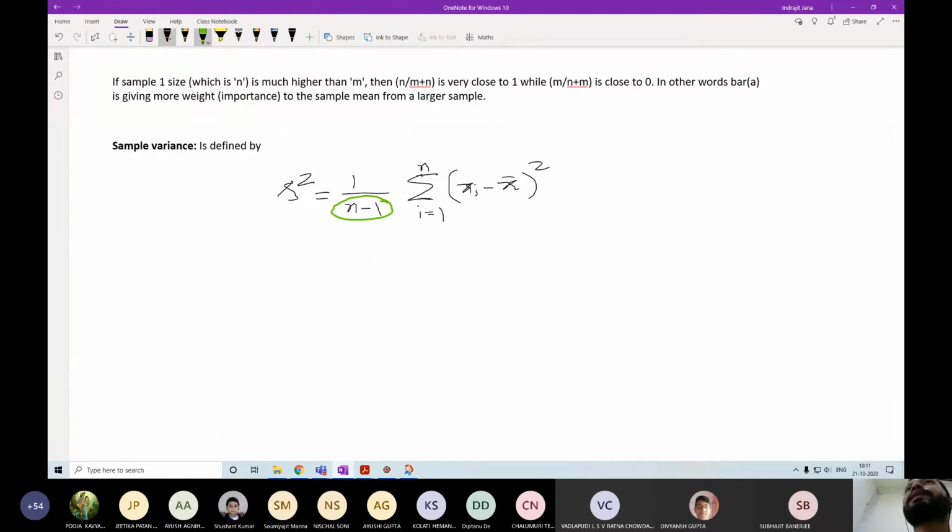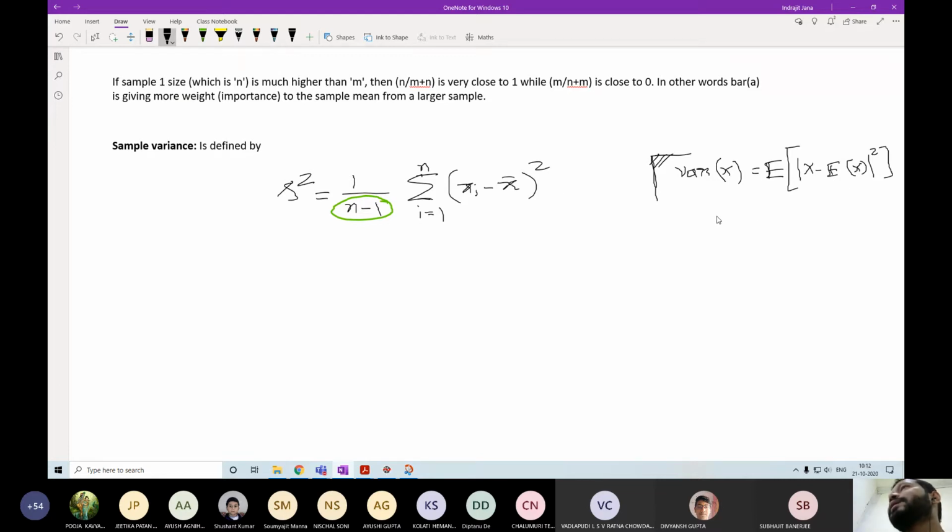If you recall the actual variance formula from probability theory classes, variance of x is equal to expectation of x minus expectation of x, whole square, right? Essentially that's what we're doing here. So expectation of x is like x bar, x is the random variable which is xi, and the outside expectation is again an average sum.